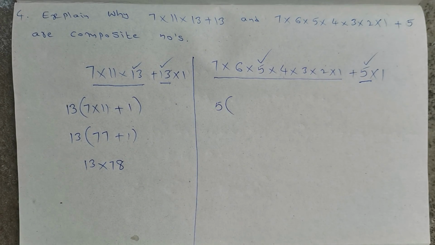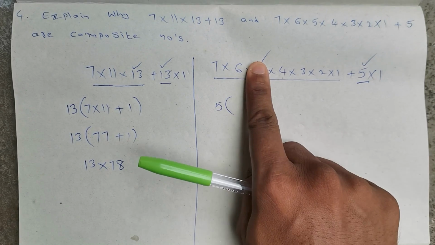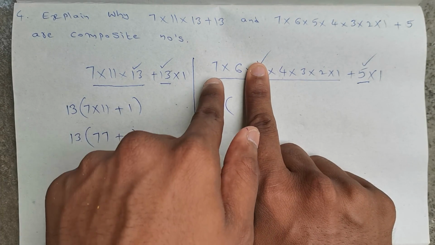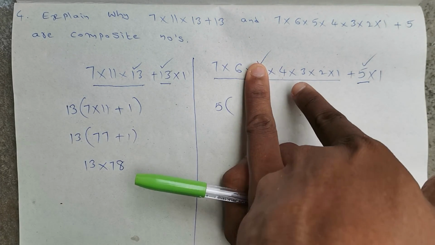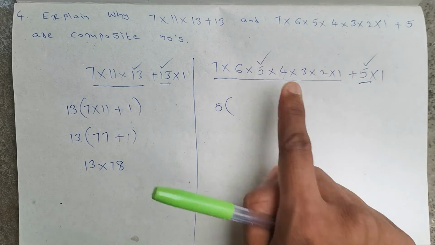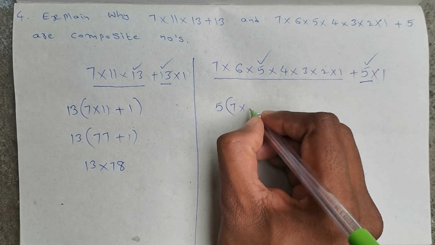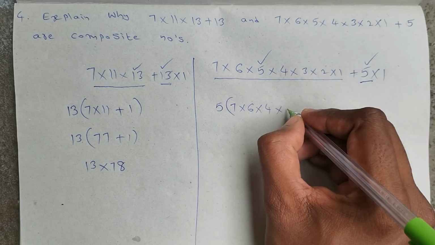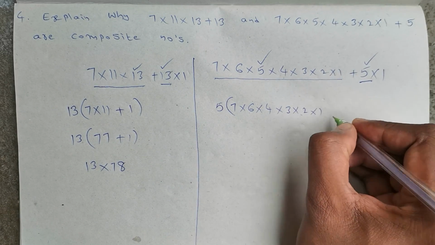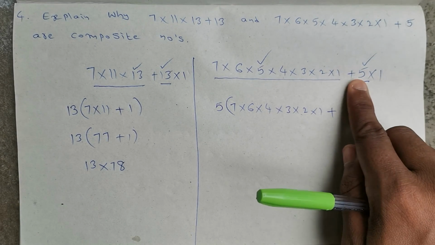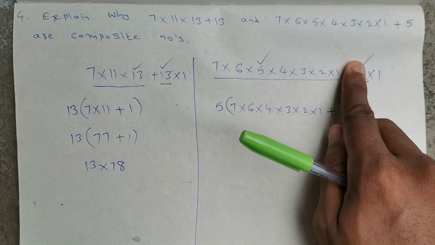common. If we take 5 common, we are left with 7 into 6 into 4 into 3 into 2 into 1, plus this 5 I already took common, so remains with 1.